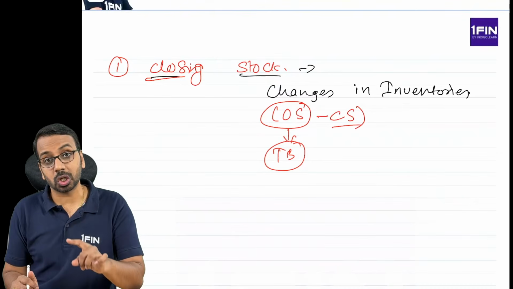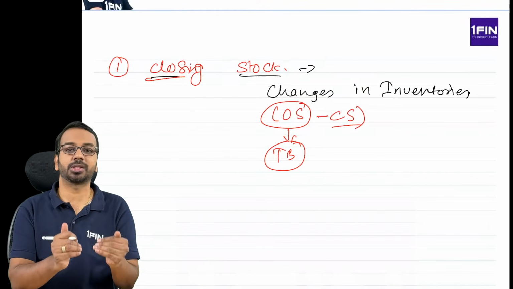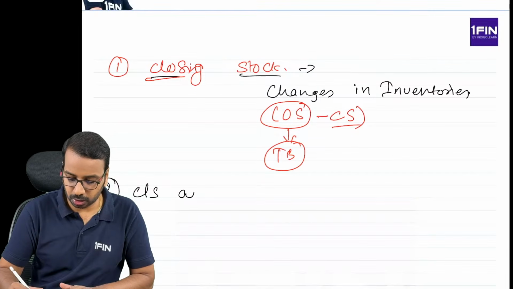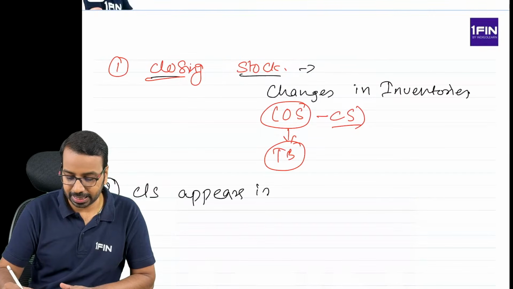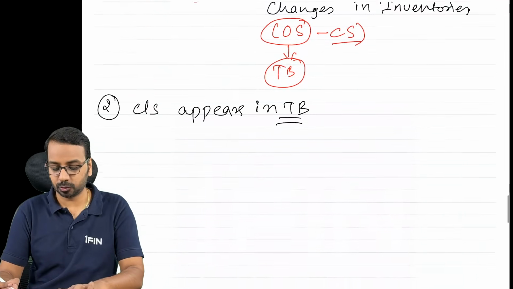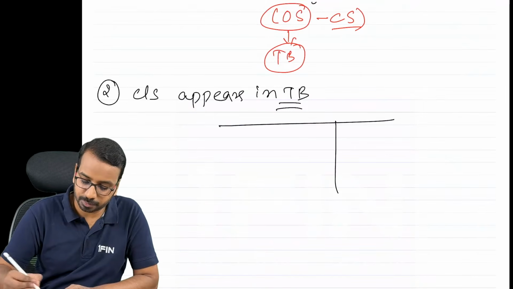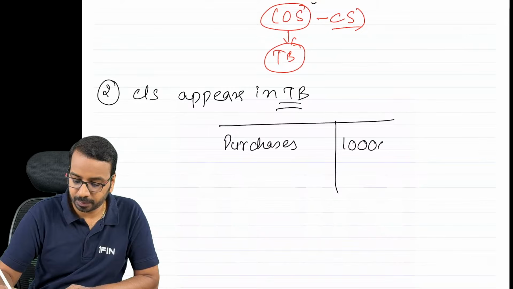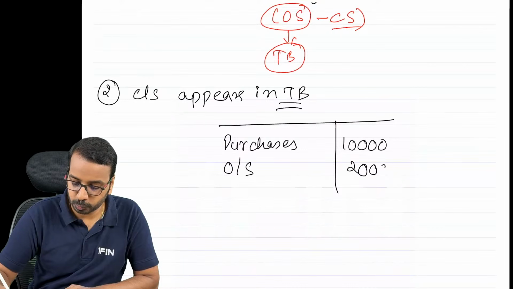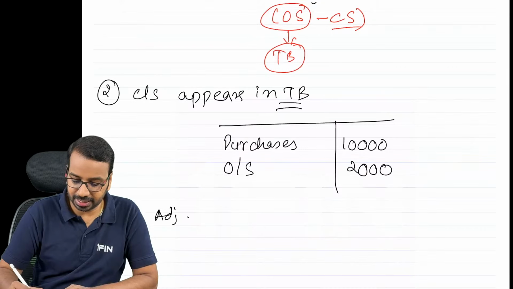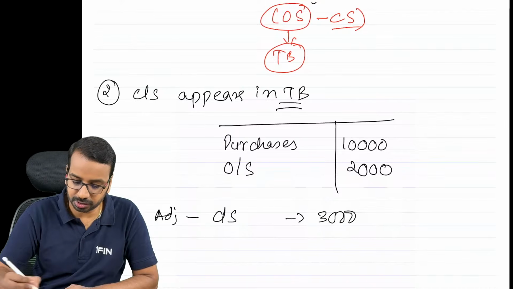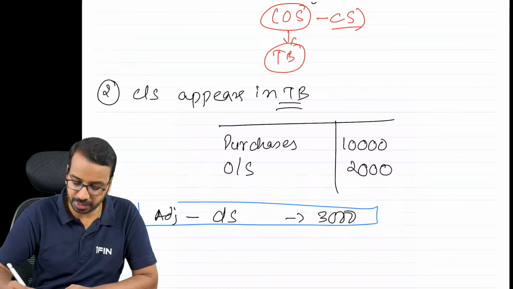Sir, what if closing stock is given in the trial balance? That is also a possibility. So typically, if I have a trial balance where I have purchases 10,000, opening stock 2,000, and there is an adjustment called closing stock, which is, let us say, 3,000, this is an adjustment item.